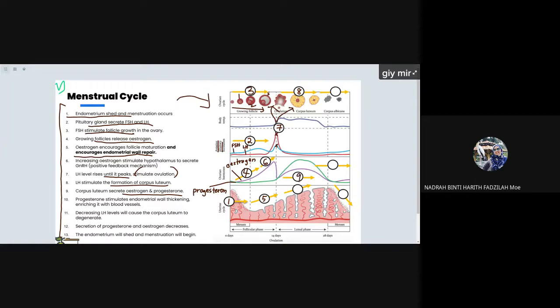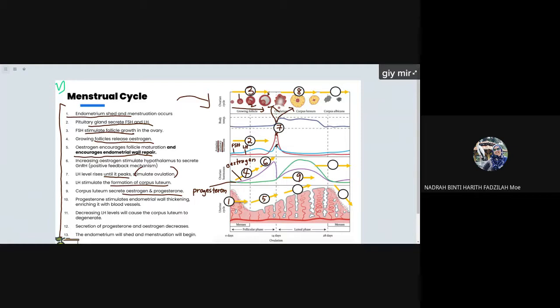So daripada pattern tu kita boleh differentiate lah. Kalau follicle dari primary follicle sampai ke Graafian follicle, it secrete estrogen more than progesterone at those levels. Tapi pada level atau pada peringkat corpus luteum, secretion of progesterone is more than estrogen lah.